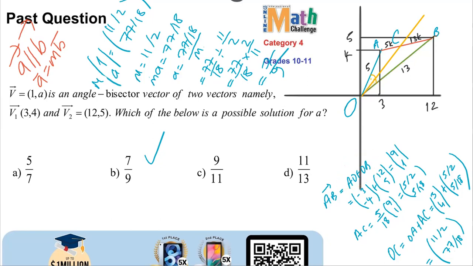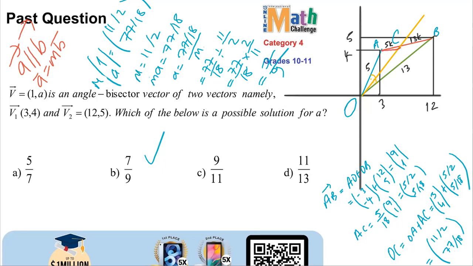So here we can see it. And from here, AB comes as 9 and 1, the coordinates of AB. Vector AB is x is 9, y is 1. And now AC is 5 over 18 of AB. So if we use the ratio, because if AB is 18k, AC is just 5k.